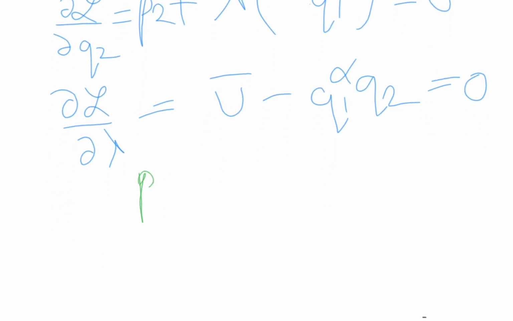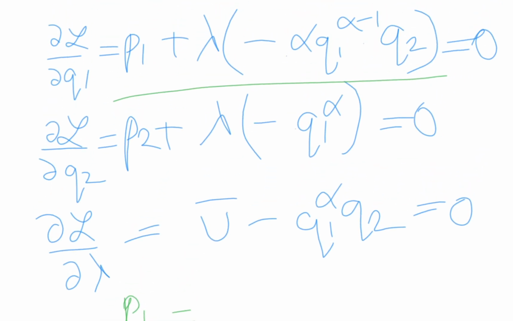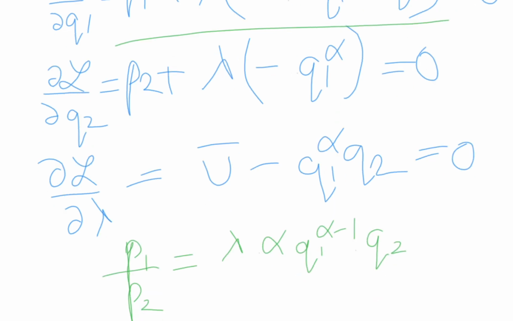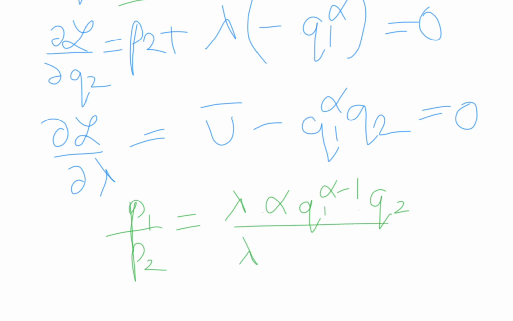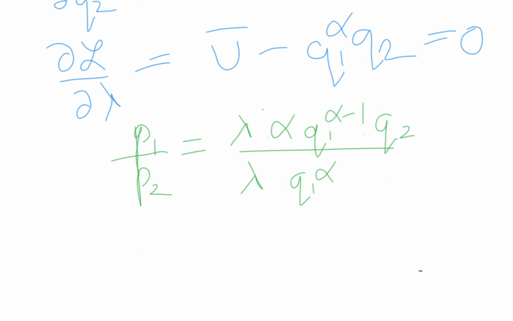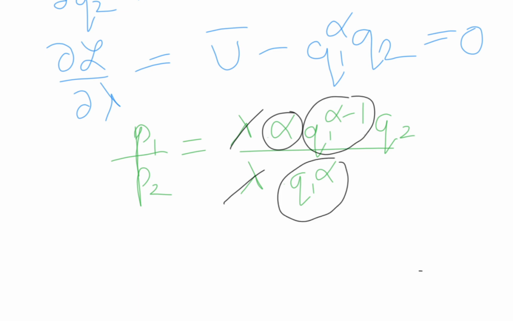P1 upon P2 is equal to lambda alpha Q1^(alpha minus 1) Q2 whole divided by lambda Q1^alpha. Lambda will cancel out and alpha will remain. For Q1, we have Q1 in the numerator as well as the denominator.